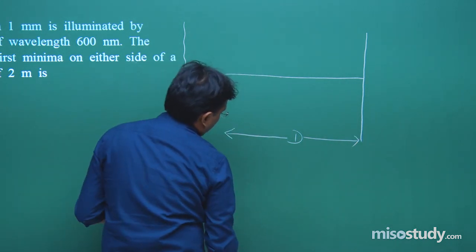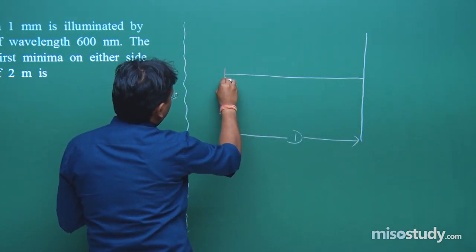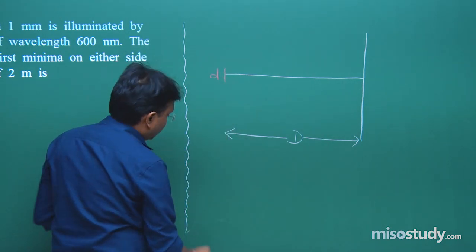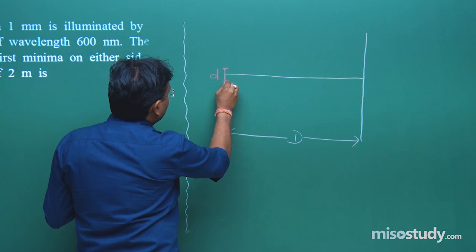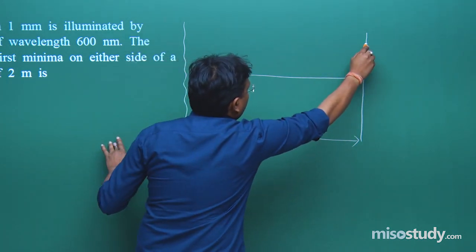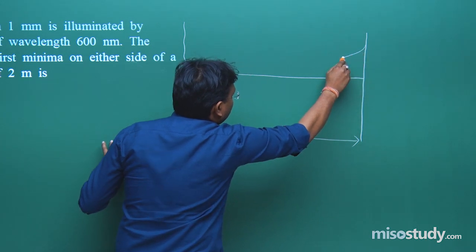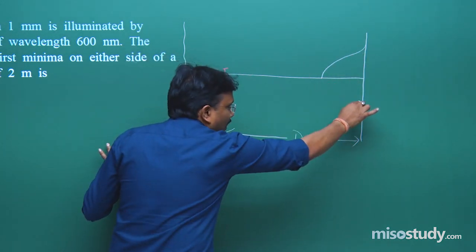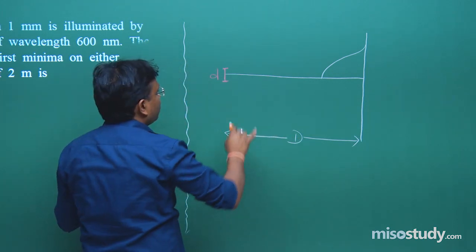And this is your narrow slit of width d. Fine. Red color narrow slit. Okay. Same pattern, peak. Second half again I am not drawing.